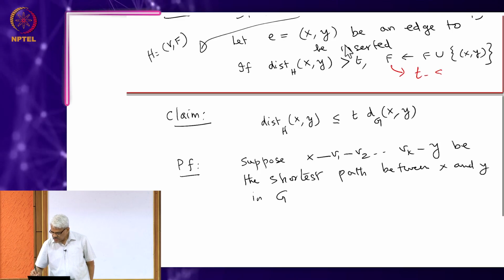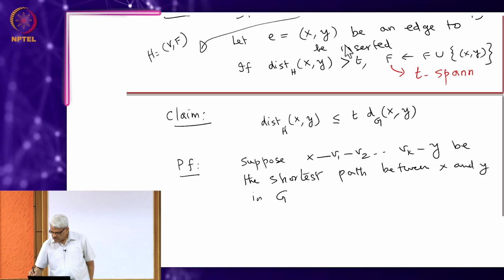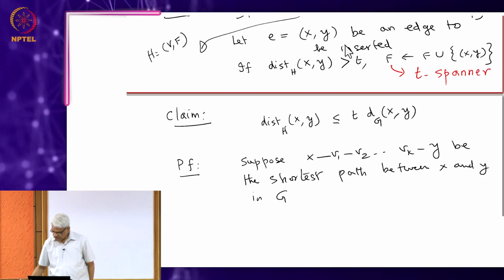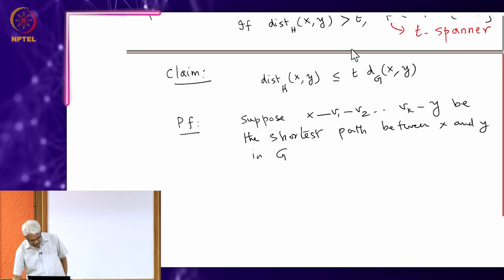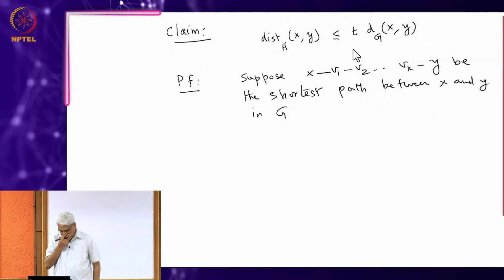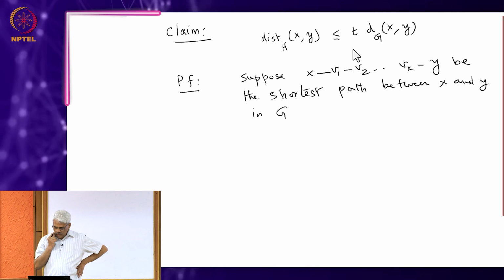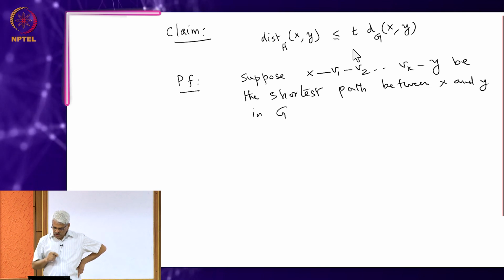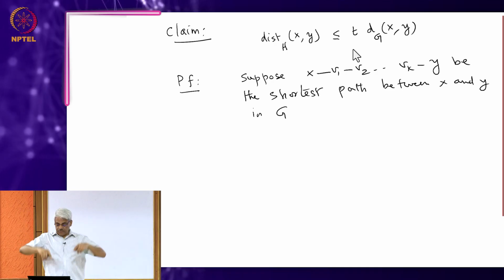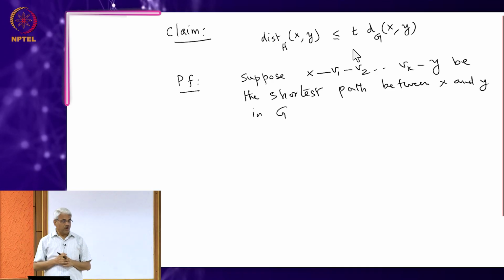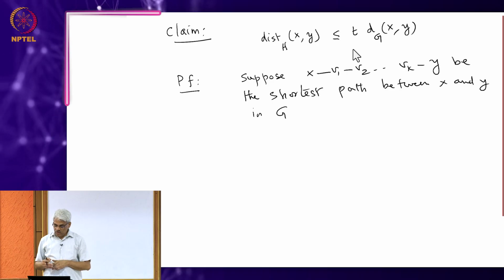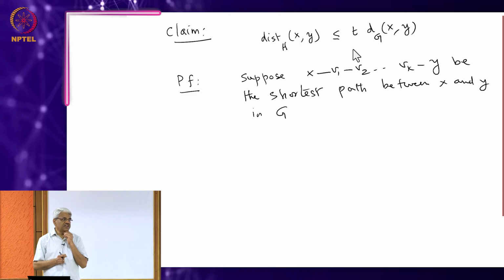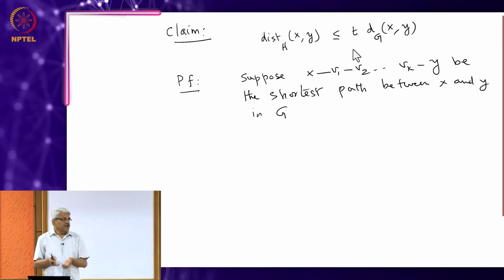You might see this word. So in the original graph, suppose this is the shortest path between x and y. Will the same path exist in H? May or may not. If it exists, good.